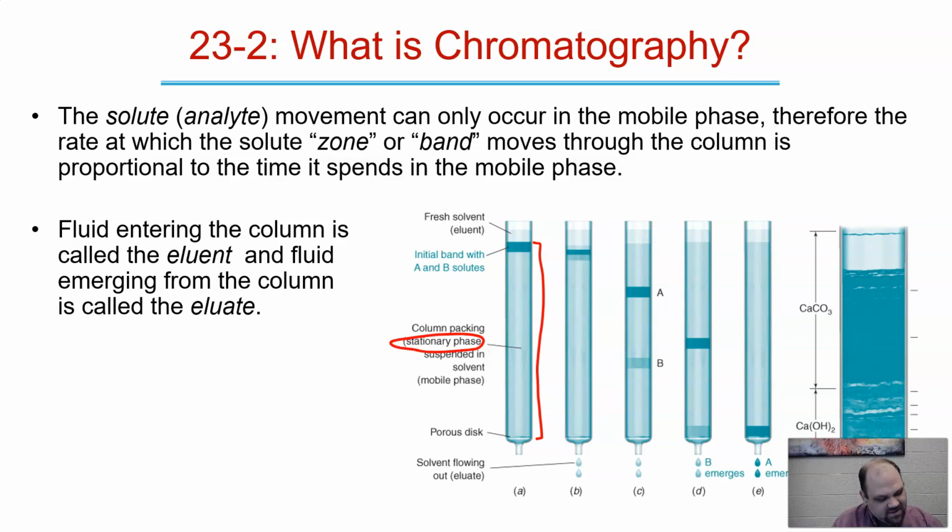And we have our solvent here, which is our mobile phase. Okay? And as the solvent pushes through, this is just a gravity chromatography. This is about as simple a chromatography experiment as you could do. As the solvent pushes through, the components that are in that initial band here begin to separate out. I don't know how easy it is to see, but we have a green and we have a blue.